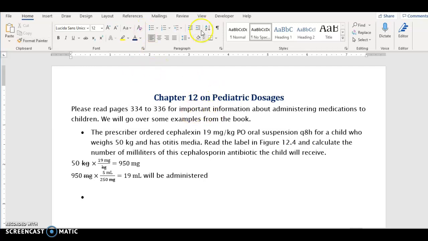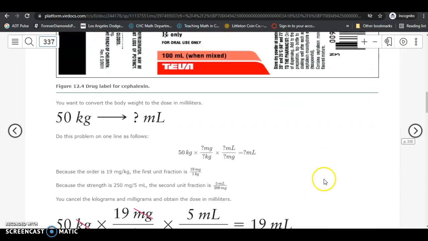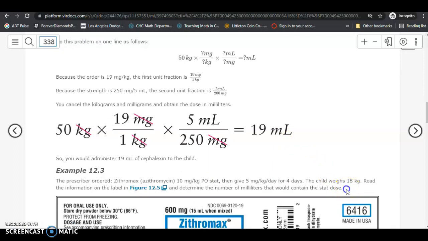Okay, so that completes the first example. And you can look at the solution in the book, so that appears to be what the book is getting as well. Okay, let's go look at the next example, 12.3.